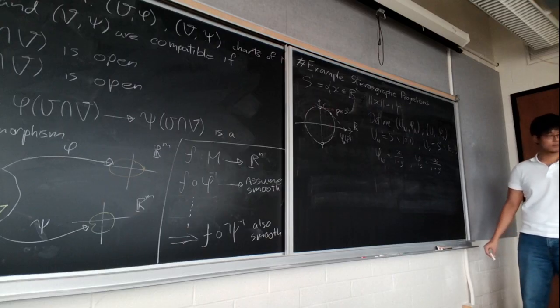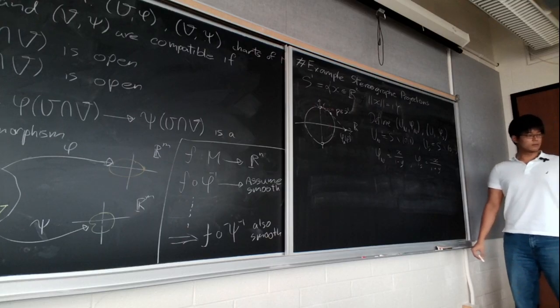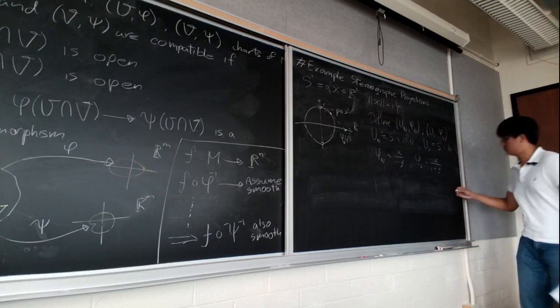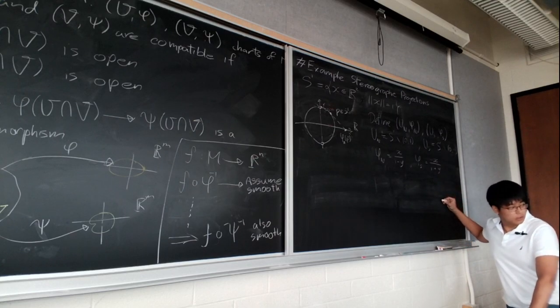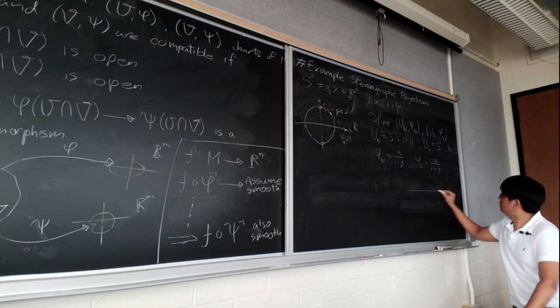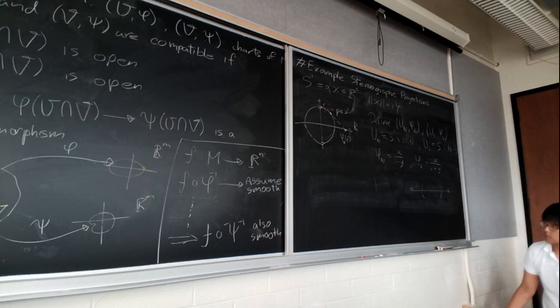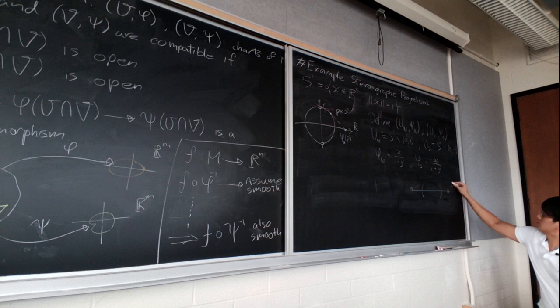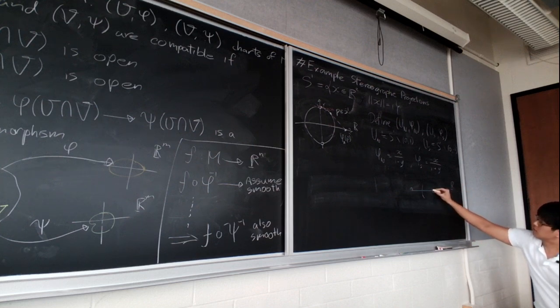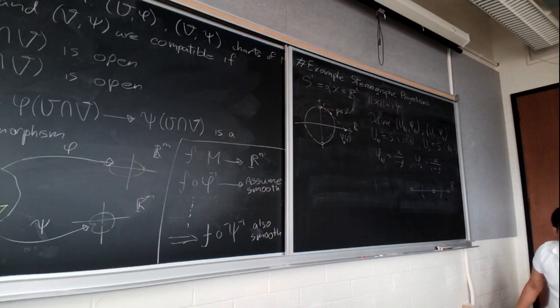Okay, and in topology, actually, you learn this quite soon. In some sense, draw an open interval. Intuitively, suppose I remove a point from this open interval. This now becomes the union of two distinct open intervals, and I can't really get from one side to the other.